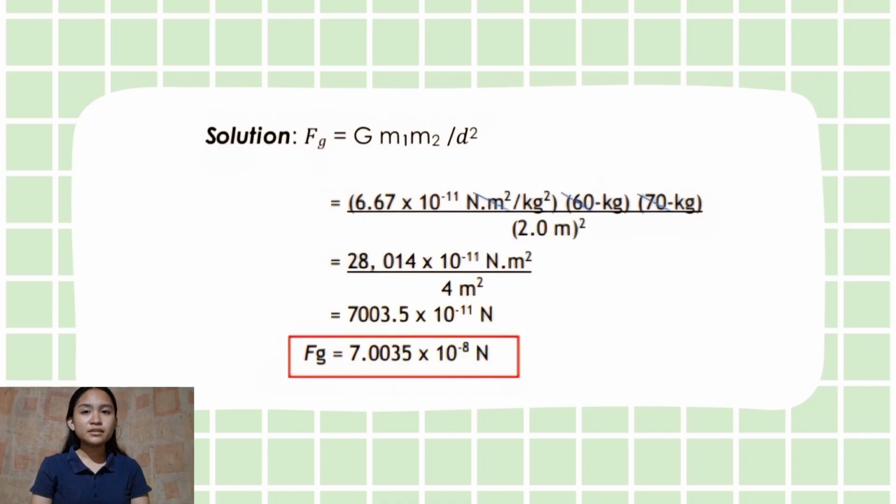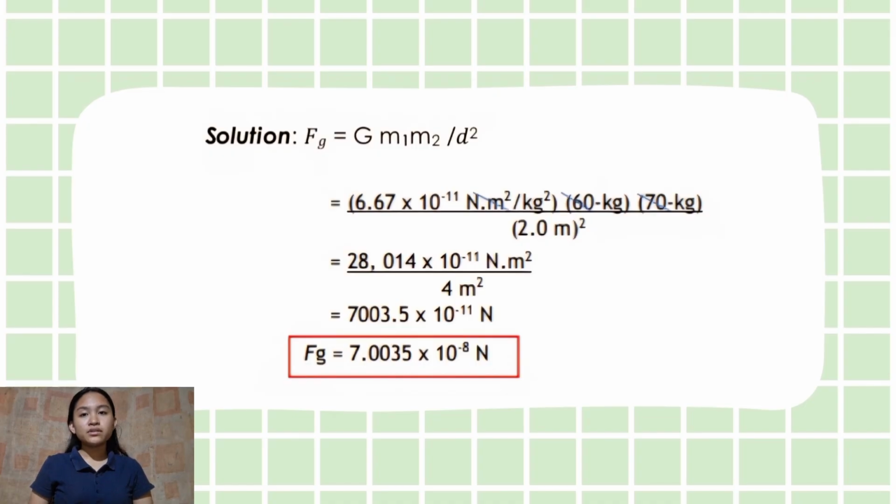So we will substitute the given. So it is the value of G, which is the constant. The gravitational constant is 6.67 times 10 raised to negative 11 Newton times meter squared per kilogram squared times our m sub 1, which is 60 kilograms, times our m sub 2, which is 70 kilograms, over 2.0 meters squared.